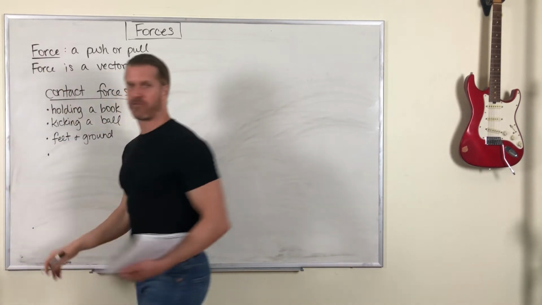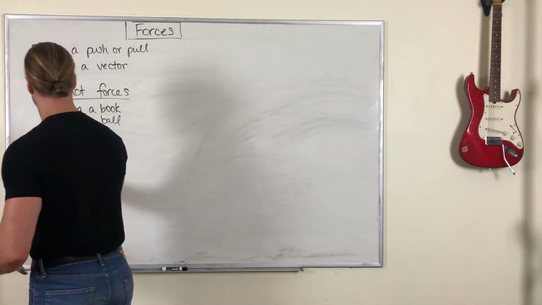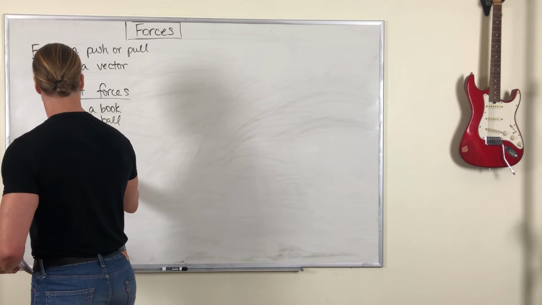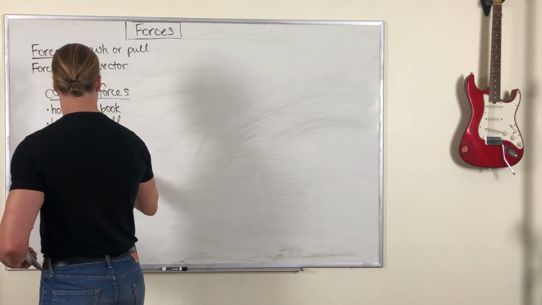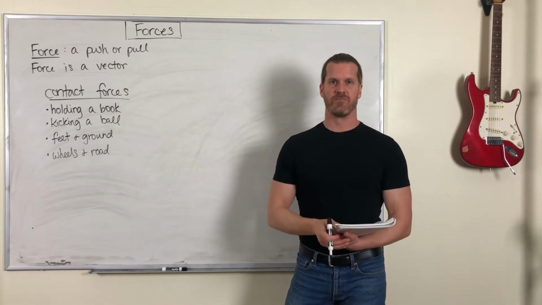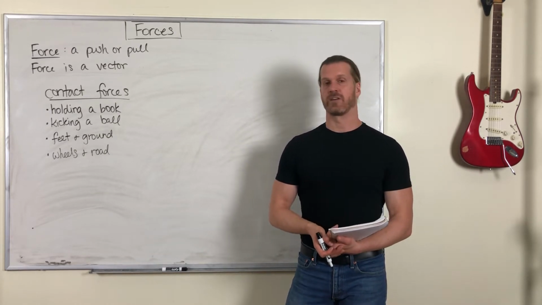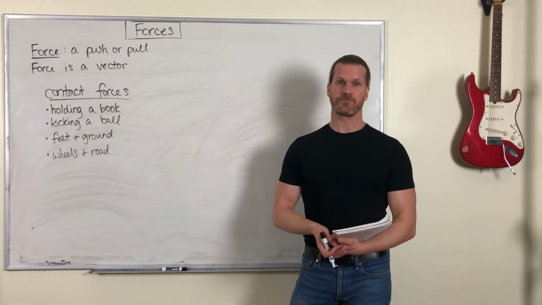There's a contact force between wheels and the road when you're driving. I think you get the idea. Anytime two objects are touching, they are applying a contact force between them.